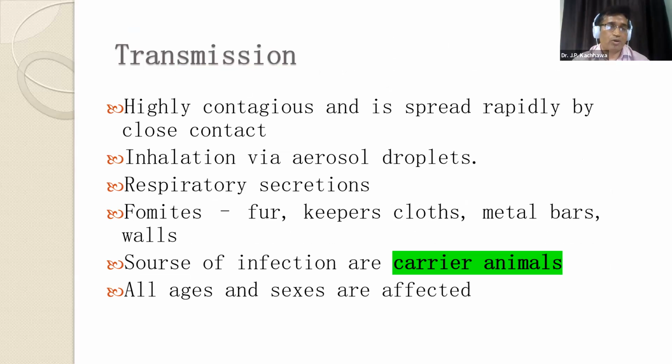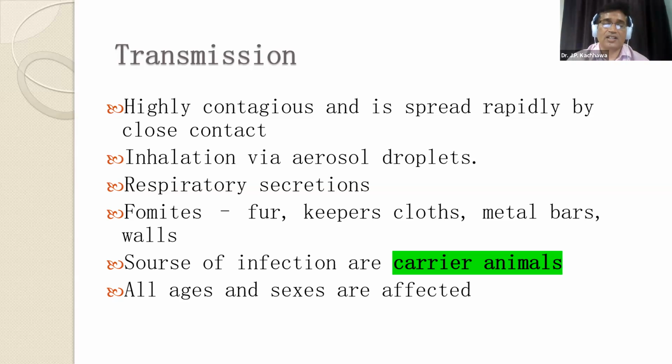The main mode of transmission is aerosol droplets. These droplets are formed due to sneezing and coughing by infected animals. If an animal is suffering from CCPP, the organism may be secreted in sneezing and coughing in the form of droplets.